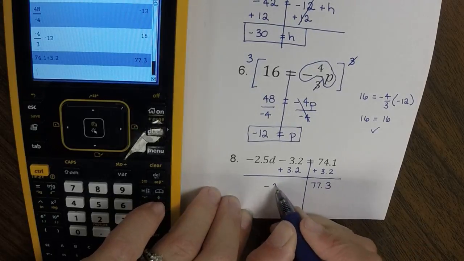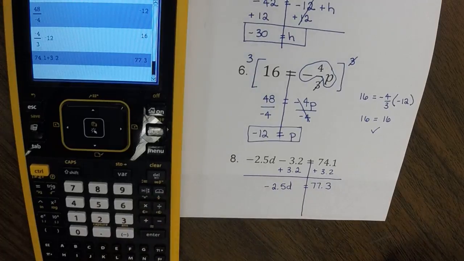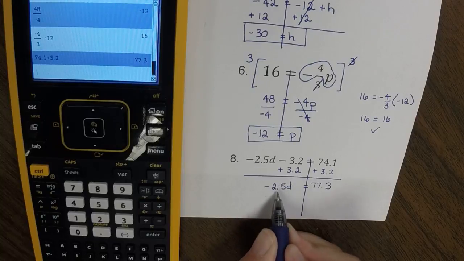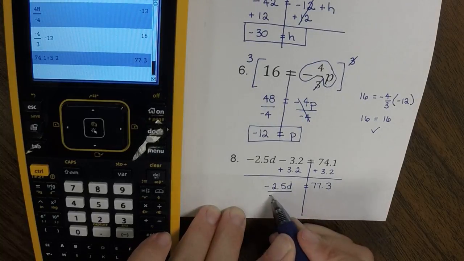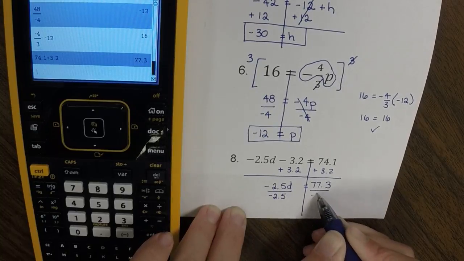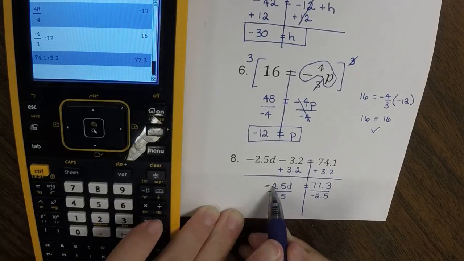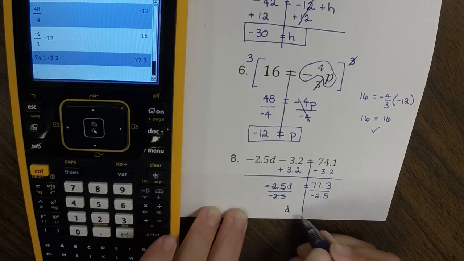And I now have -2.5d equals 77.3. Then if the numbers are squished together, this is multiplication. So the opposite would be to divide by whatever number is there. And what we do on one side, we always have to do on the other. So then these would divide out, leaving me with just d.